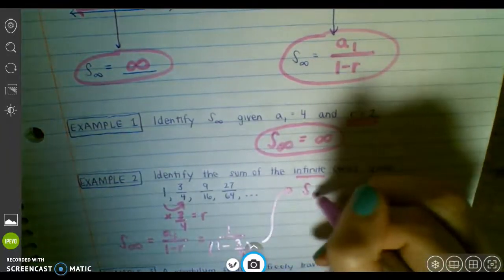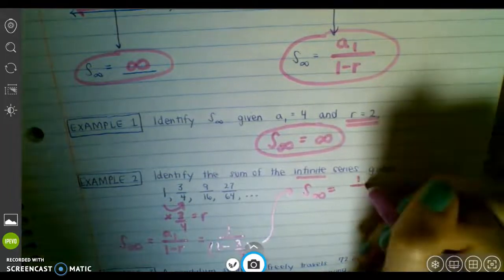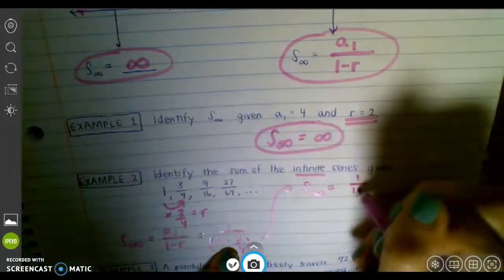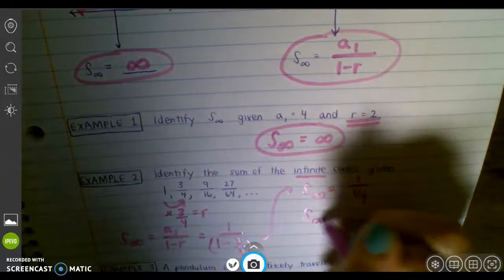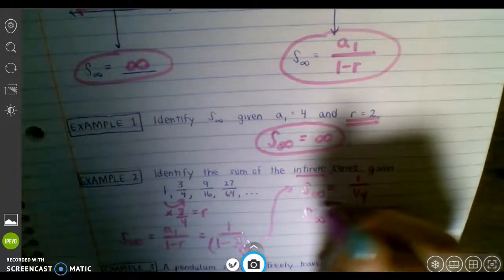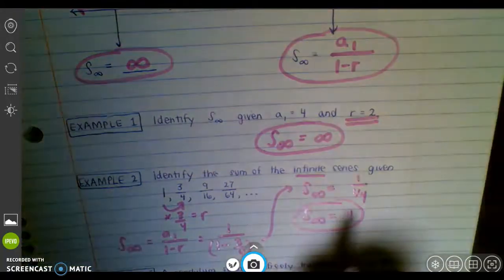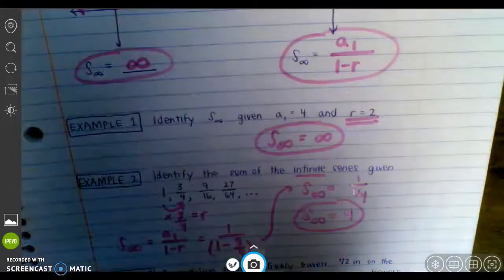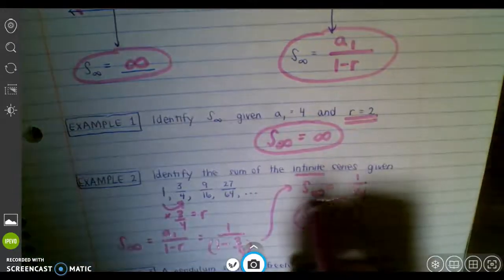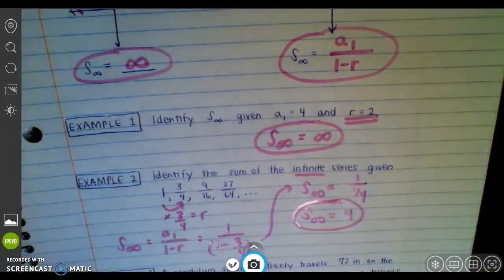So the sum of infinitely many terms is 1 divided by 1/4, which equals 4. So really this equals 3.99999999999 on and on, but because it's so insignificant, we just round that to 4 using the formula.